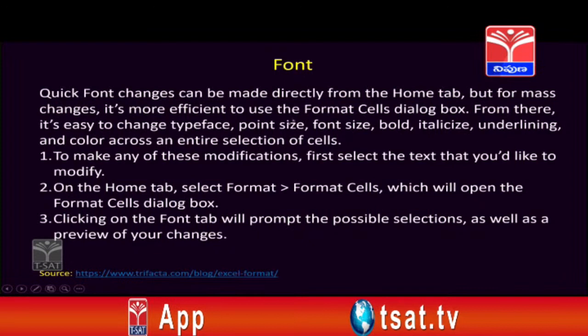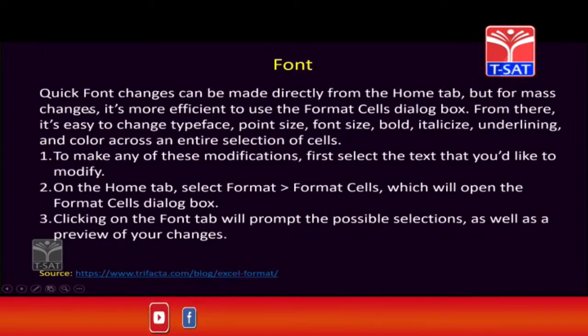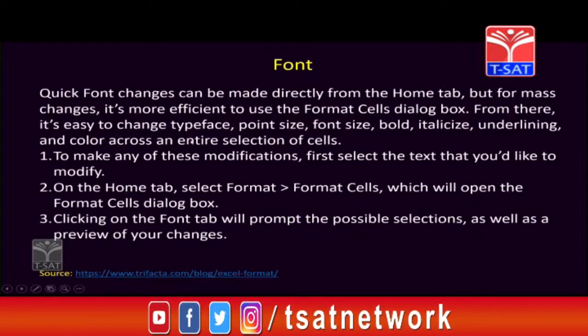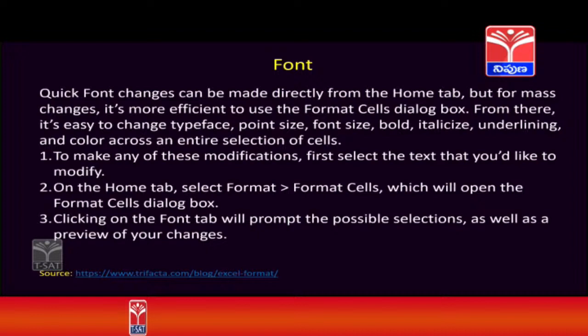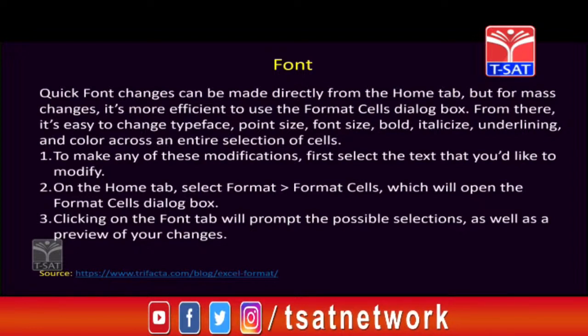In this Font tab, we can change the typeface of the font, the actual font that you want to use. You want to use Times New Roman, you go ahead and select that. You want to use Arial, you can select that. You want to use Calibri, you can select that.